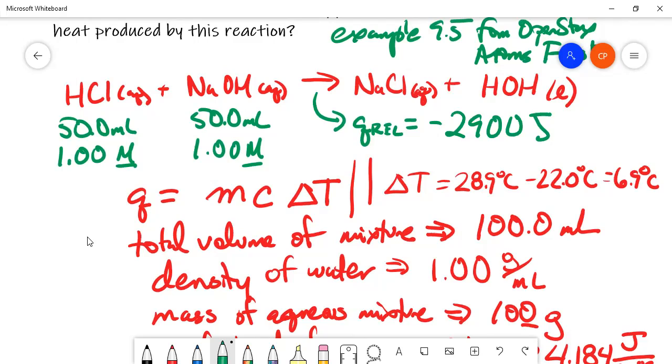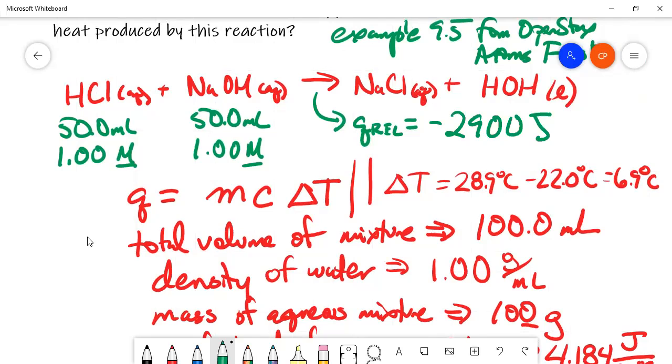What was our initial fundamental rule for calorimetry? That fundamental equation that guides everything we do in calorimetry. If you take Q absorbed and you add it to Q released, what do you get? 0.